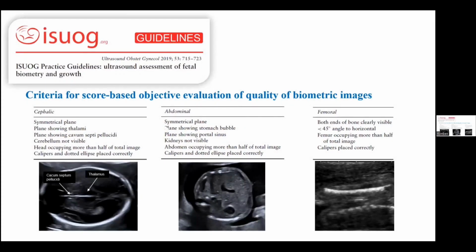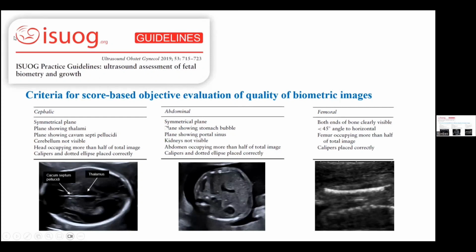So what are the criteria in older pregnant age of gestation? There are some guidelines from the ISUOG. It's a very good society with good guidelines. And they show that we have to, at first, calculate the gestational age and look for good growth of the baby, calculating the cephalic, the abdominal, and the femoral length measurement.